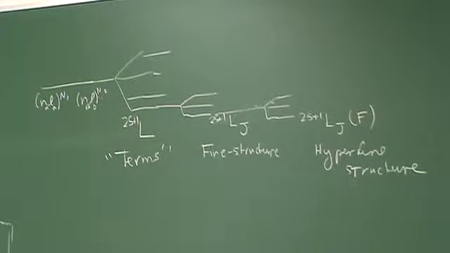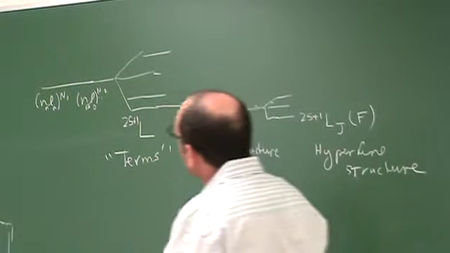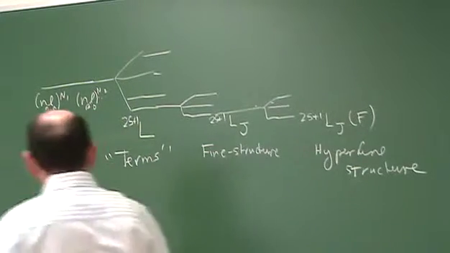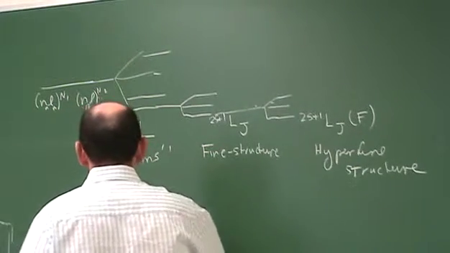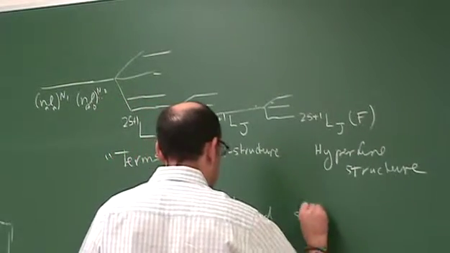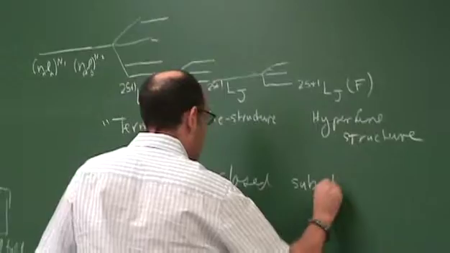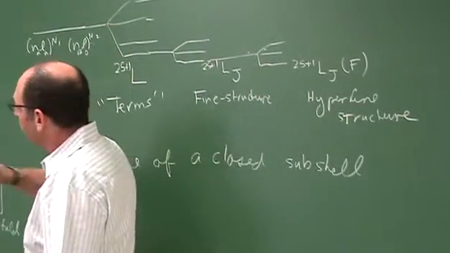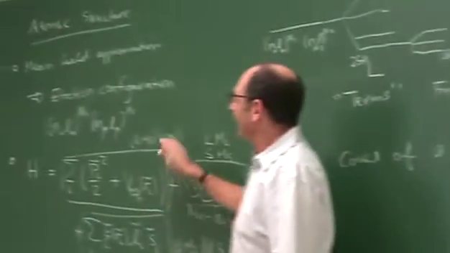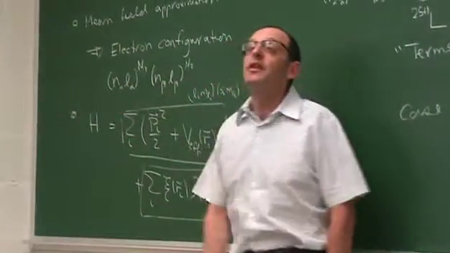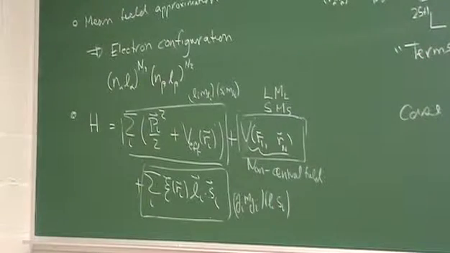Of course, the final thing we showed, if we are looking at a particular case of a closed subshell, then as we discussed last lecture, the central potential is a perfect approximation to the Hartree-Fock equation.